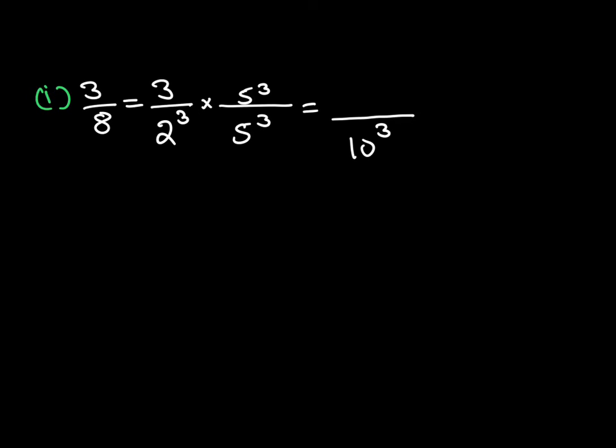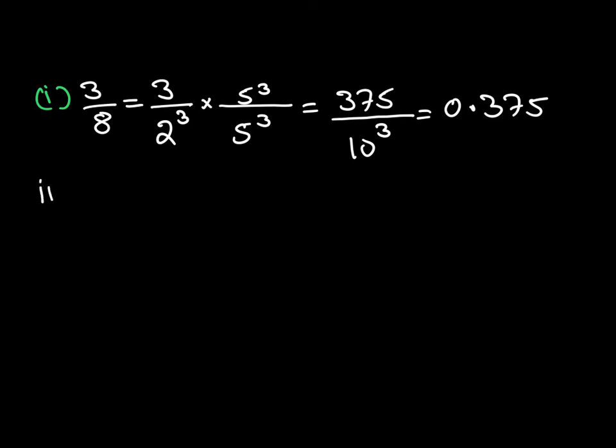And 3 times 5 to the power 3 is 375. So now it becomes easy for me to write this as a decimal. It is 0.375. So the decimal expansion of 3 over 8 is 0.375.